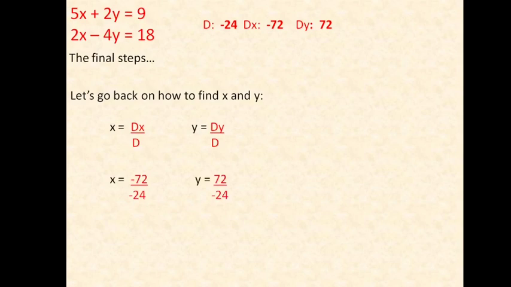Since dx is minus 72 and D is minus 24, x will become minus 72 upon minus 24. Y is 72 and D is again minus 24. So the final values of x and y are 3 and minus 3. And this is your solution.